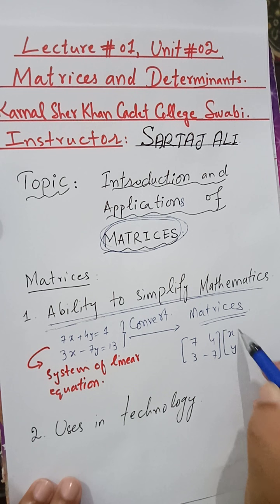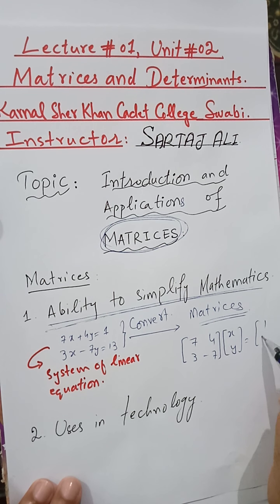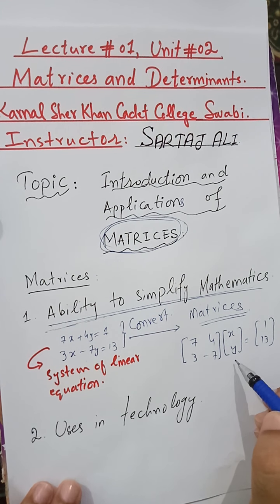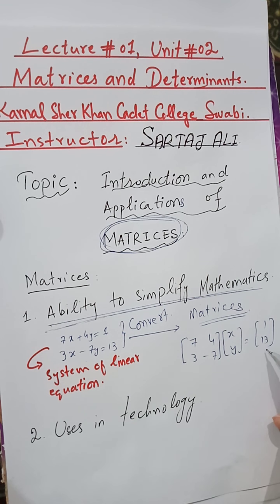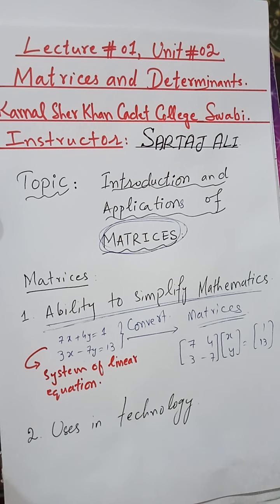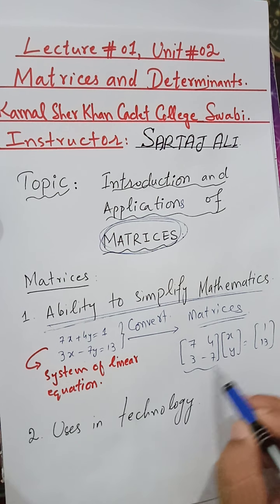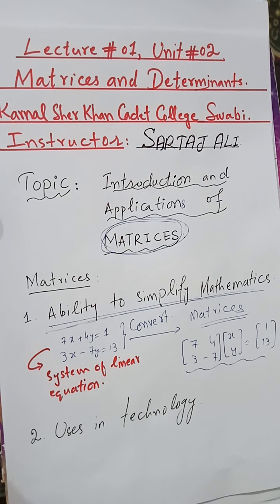And this is x, y, which is equal to 1 and 13. This is the column vector or column matrix of unknowns, and this is the column vector or column matrix of constants. So you see that the given system is converted into matrices, and then we can easily solve it and find the values of x and y.